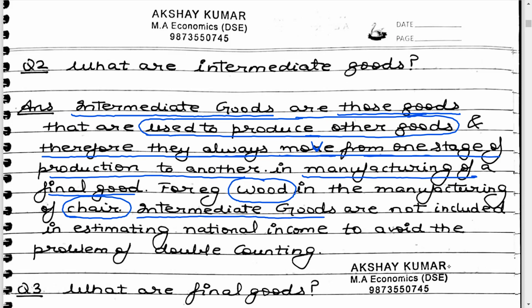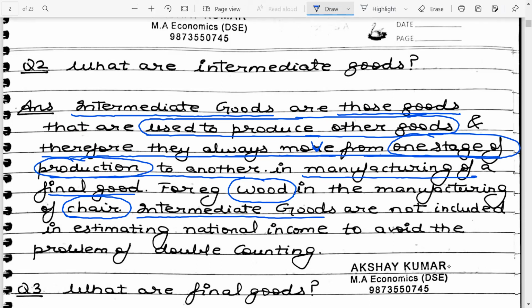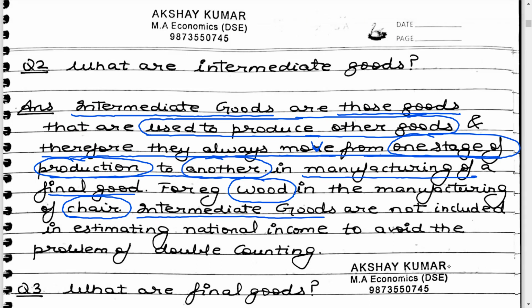Why? Because wood is used to make chair, and when the chair is made, wood has completely lost its individual existence. Or I can say, when wood is used to make chair, wood is moving from one stage of production to another.